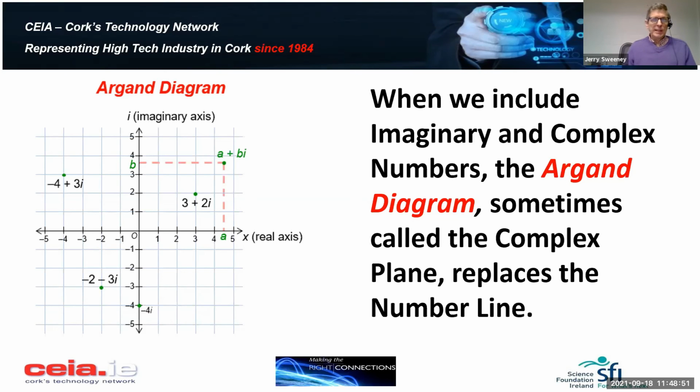So when you went to national school, you were taught about the number line, and it was single dimensional. And as we added, if you go back to the set theory where we added new number types, what we were doing was extending the number line.